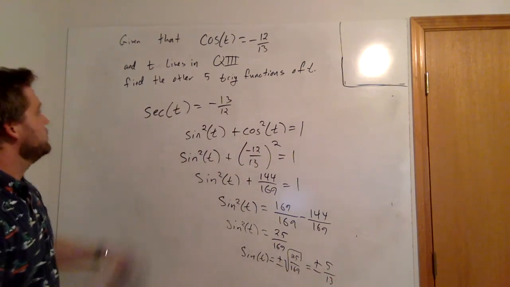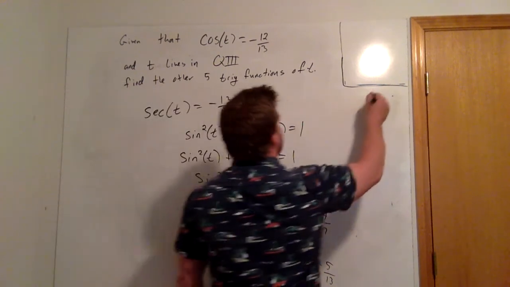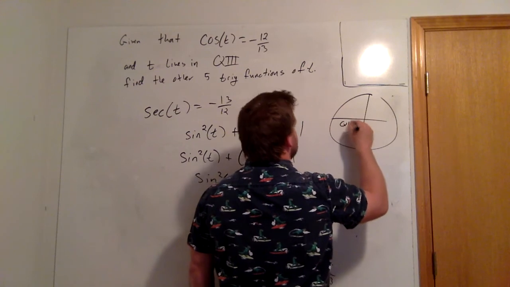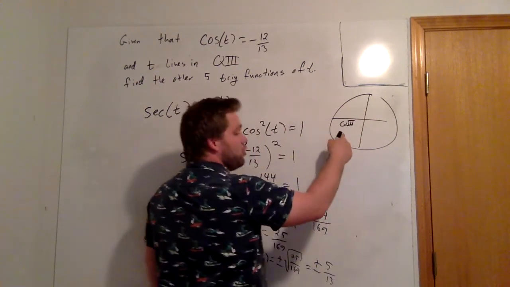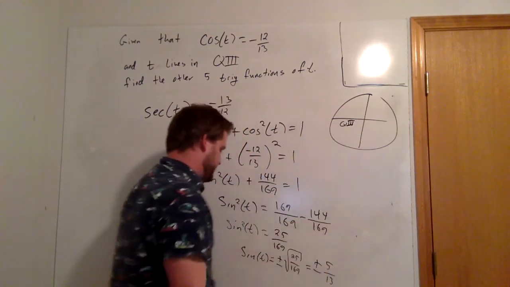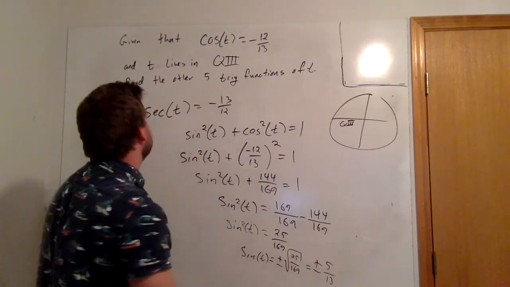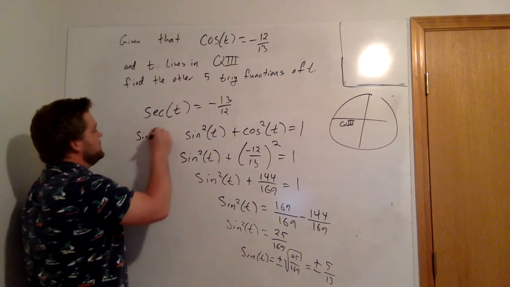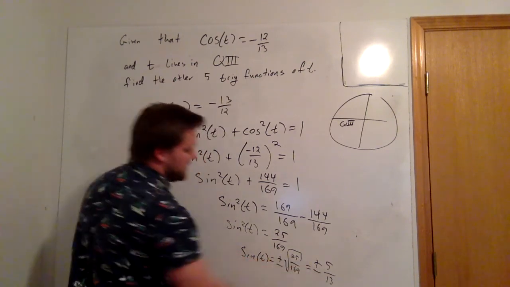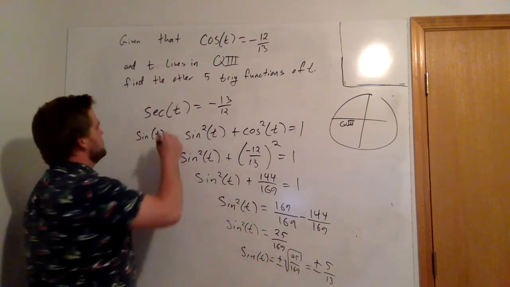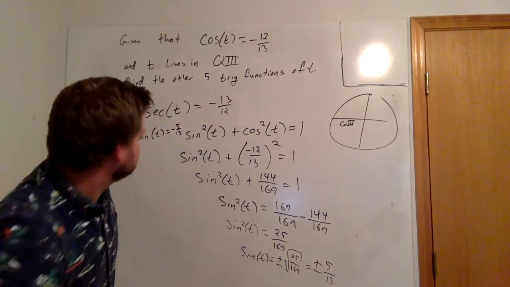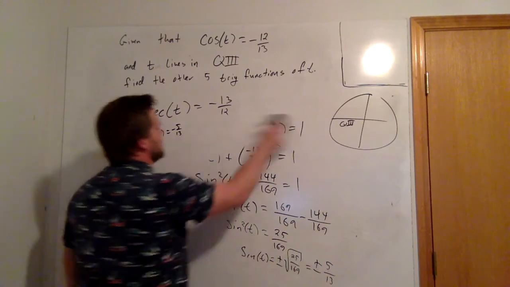So is it going to be the plus or the minus? Well, t is in quadrant 3. If I draw our unit circle, we're over here in quadrant 3, and in this case the y-coordinate is negative, so sine is negative. So I'm going to choose the negative value. Sine of t has to be equal to negative 5/13.